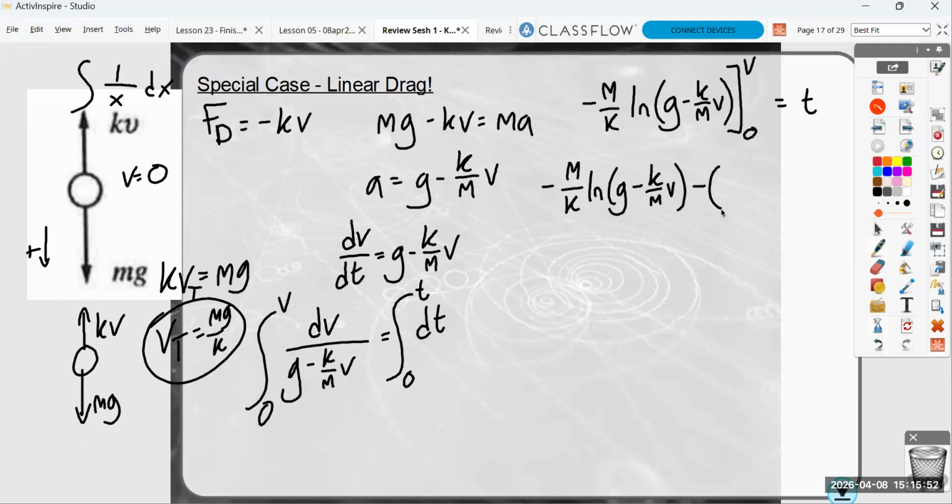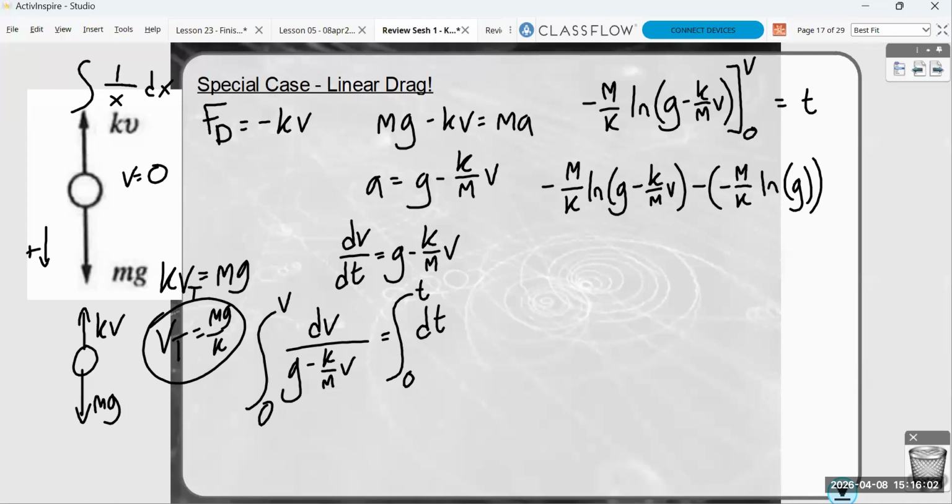And then minus, if I plug in v equals 0, I just get negative m over k ln of g. Can I combine those? Let me be a little careful about combining them. I'm going to end up with that being a plus.